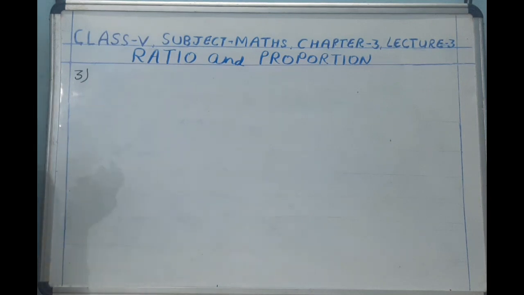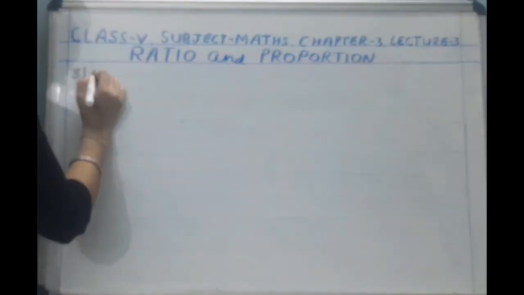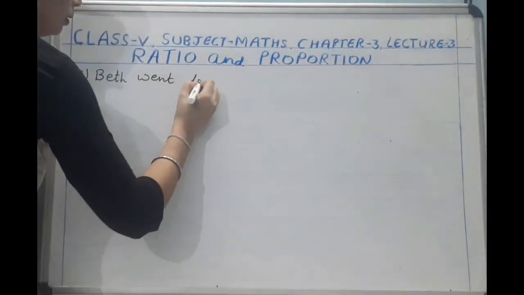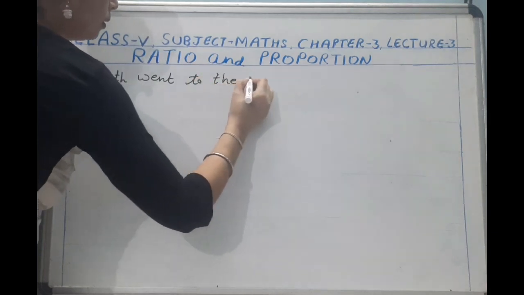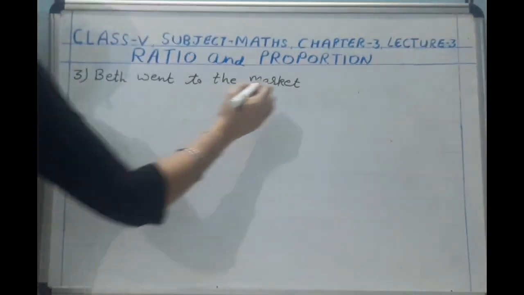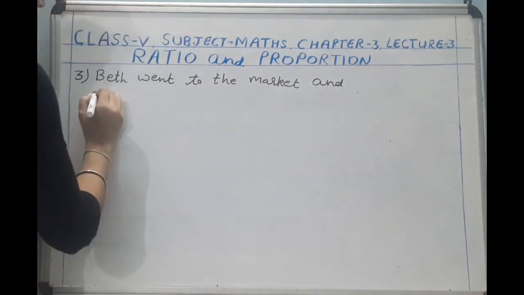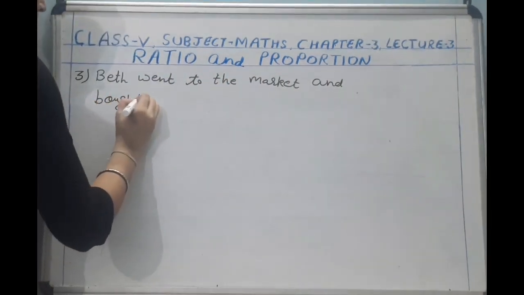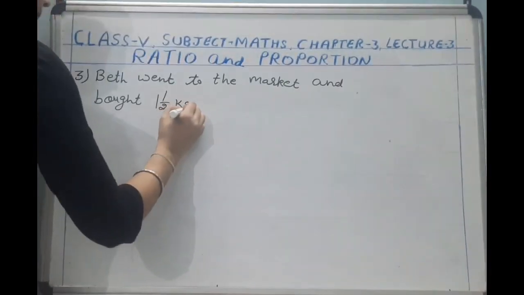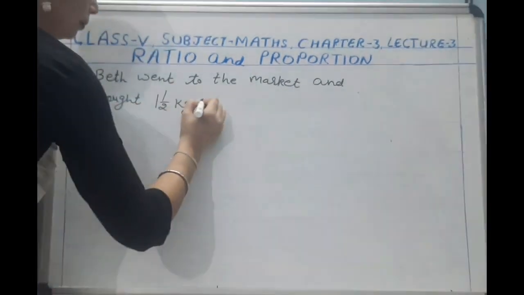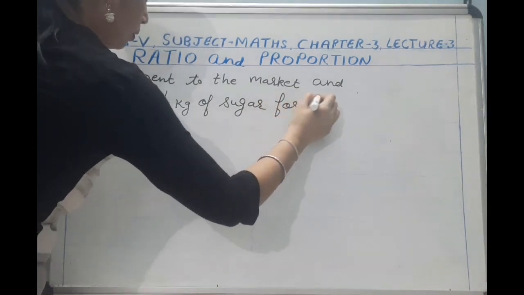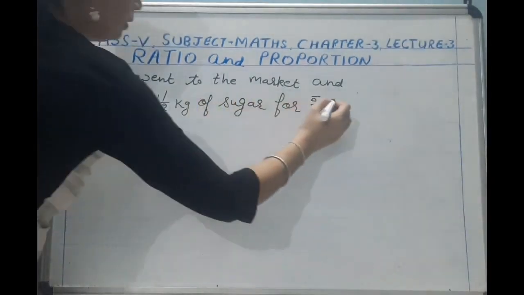Next question is our question number 3. Beth went to the market and bought 1.5 kilogram of sugar for rupees 25.